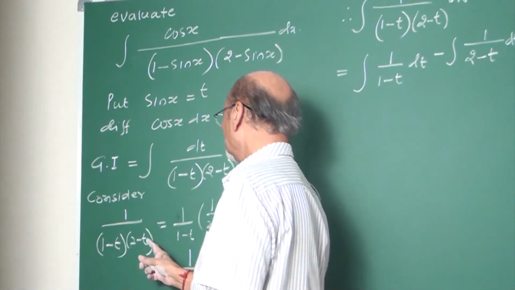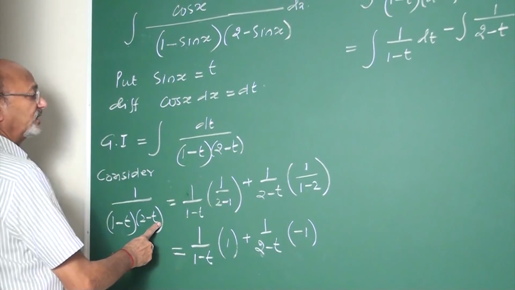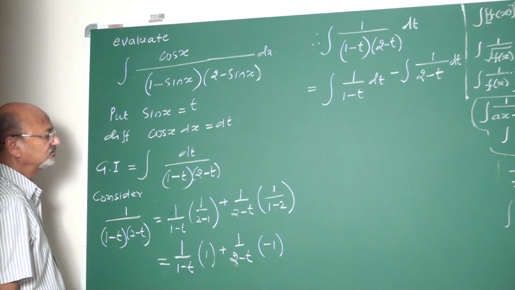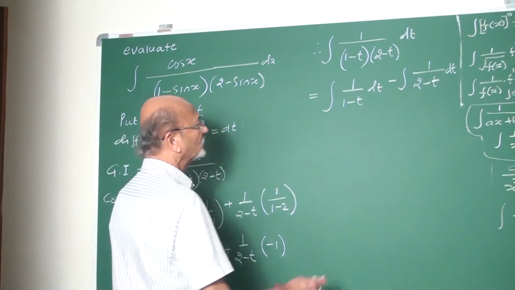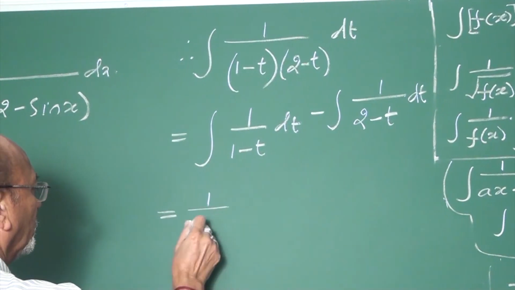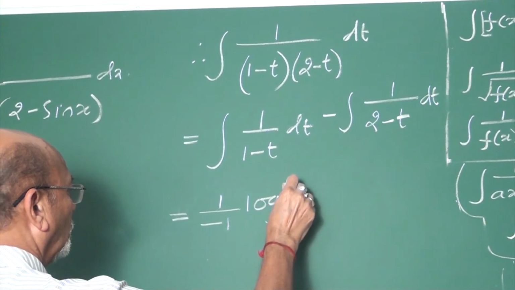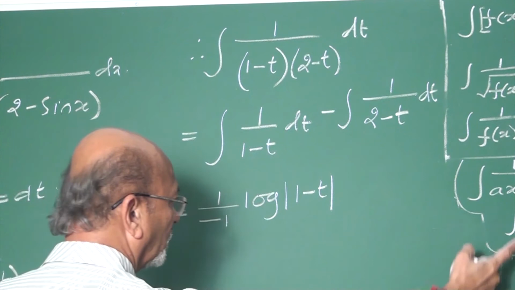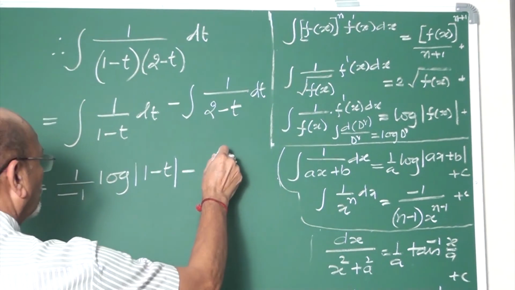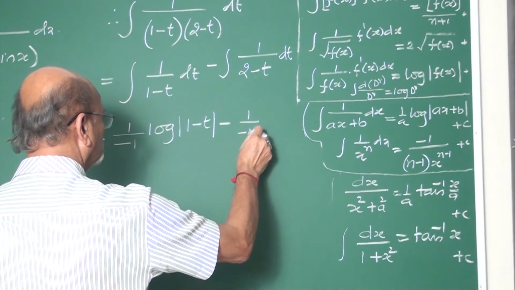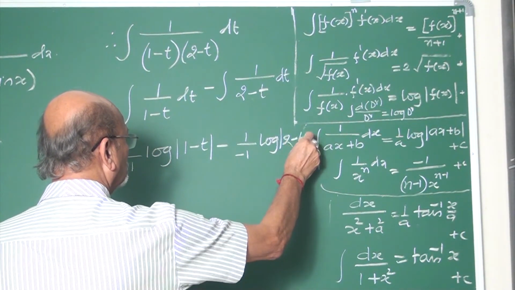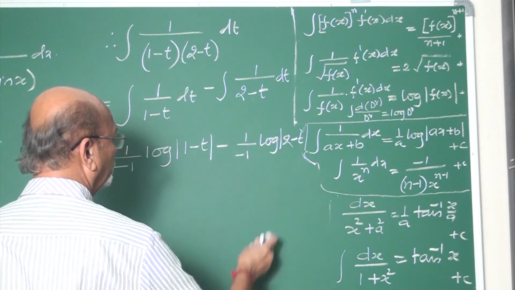Integral of LHS, integral of RHS. Therefore, the integral of this is 1 upon minus 1 log mod (1 minus t) by the same formula, minus 1 upon minus 1 log mod (2 minus t) plus c.